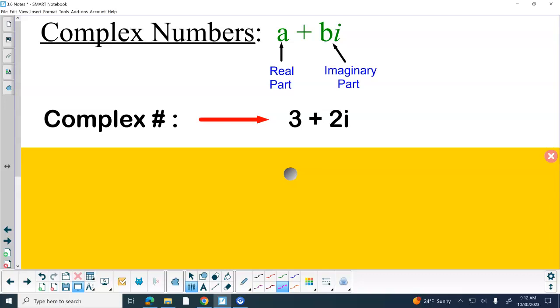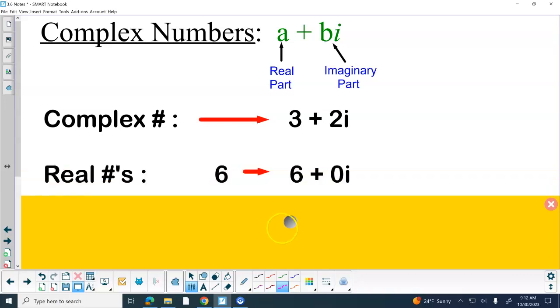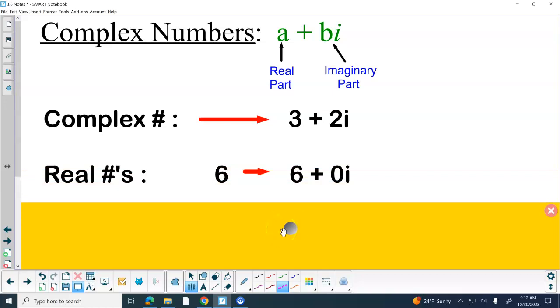A real number written in complex form, a real number would just be like 6. Okay? But when we write it in complex form, it would be 6 plus 0i.